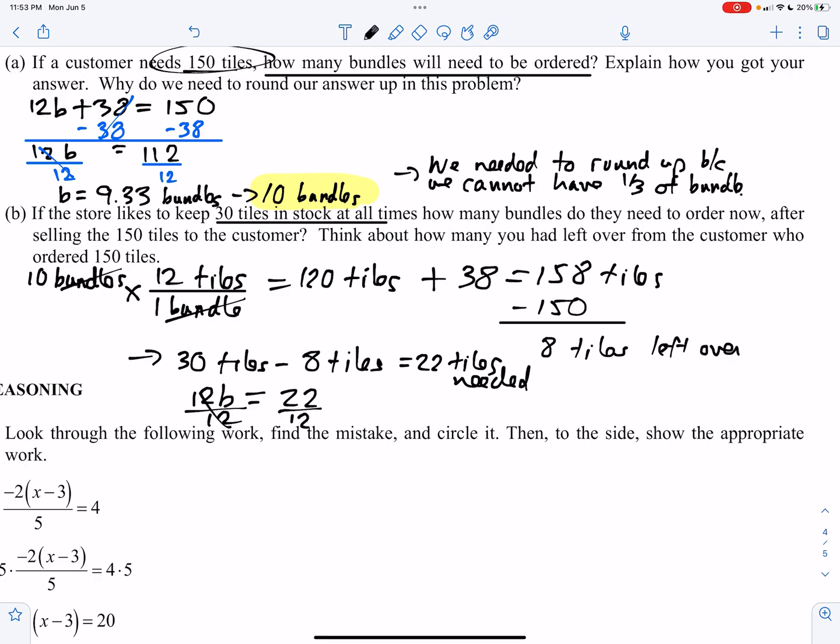I get 22 over 12, which doesn't go into it evenly. 24 over 12 is 2. If I divide 22 by 12, I get about 1.83 bundles.